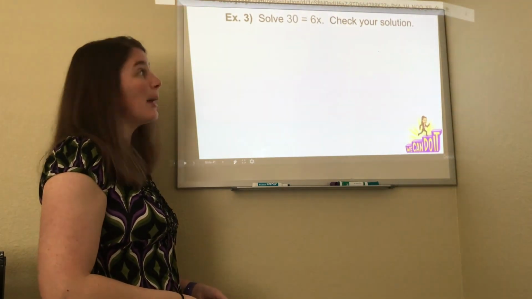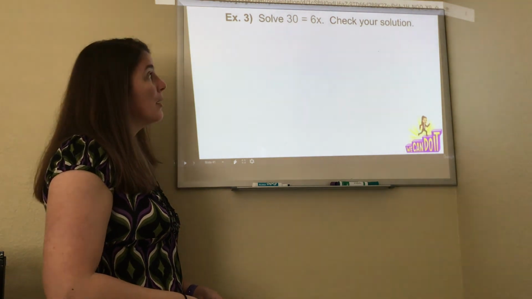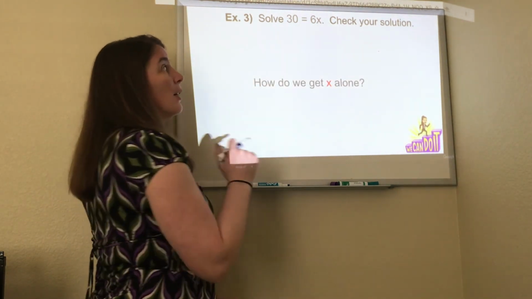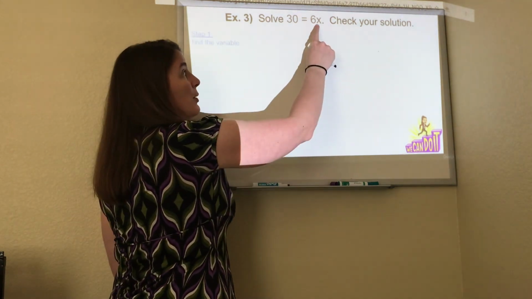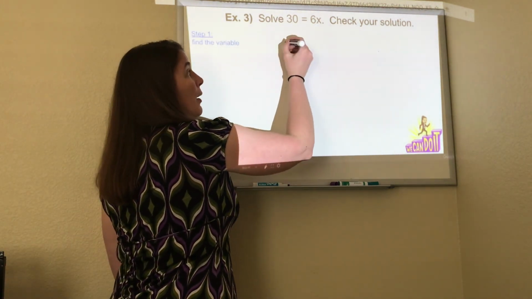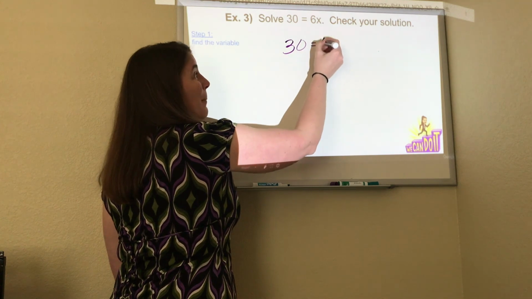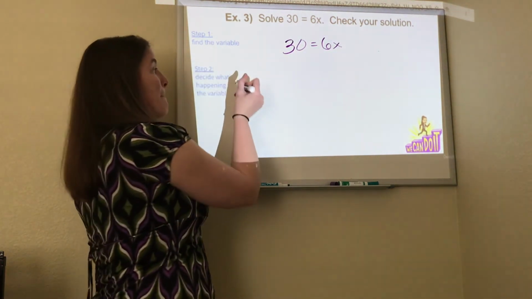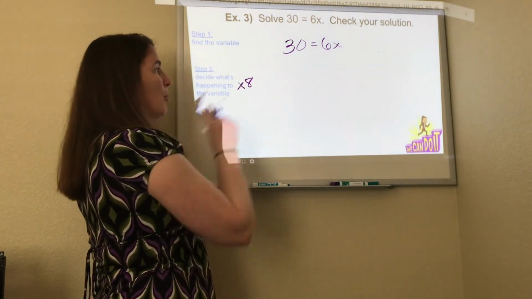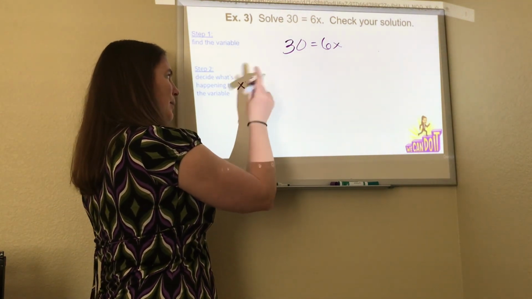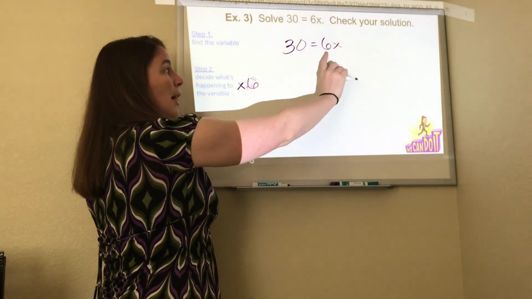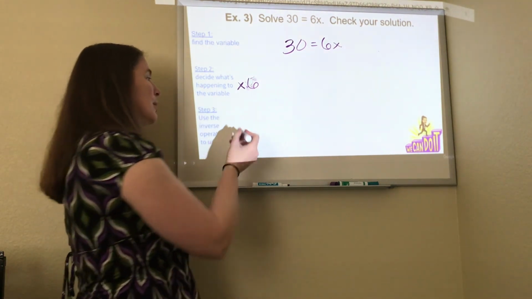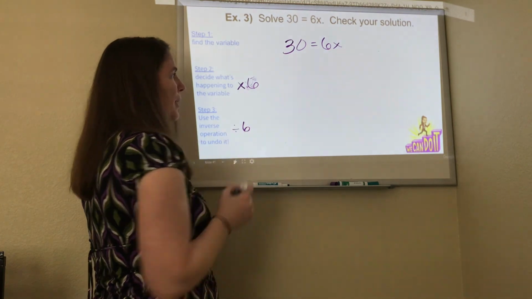Okay, here is example 3. So the first thing that you need to do is, how do we get x alone? Find your variable. So here's your variable. How do I get it alone? What's happening to the x? Well, it's being multiplied by 6, right? So it's times 6. So now we have to use the inverse, which is to divide by 6.